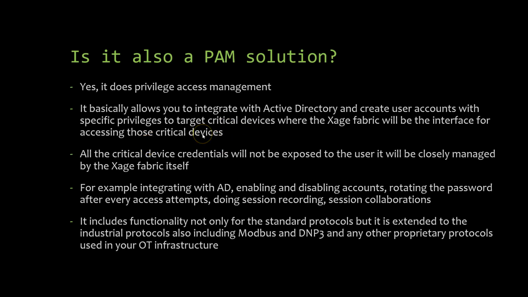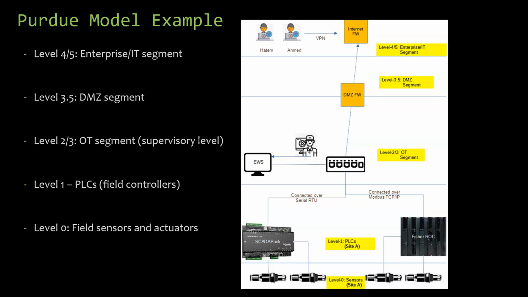And we will see actually how you are accessing in a very controlled way. All the critical devices' credentials will not be exposed to the user. It will be closely managed by the fabric. So it's a PAM solution. Actually, as we will see in the labs, you will just land on the Xage box or the Xage fabric, and from there you will find the resources that you can click and stream the connection to.